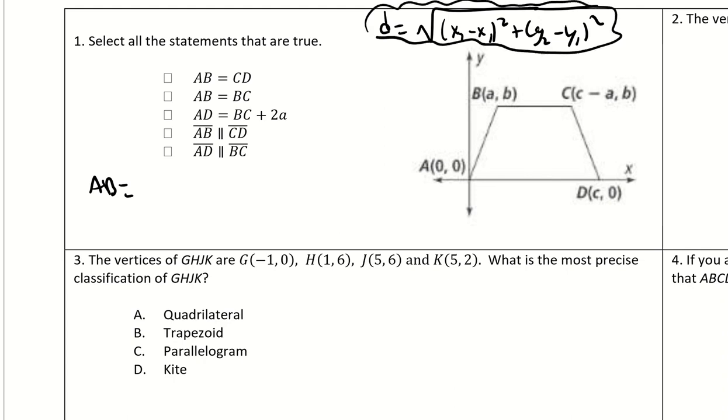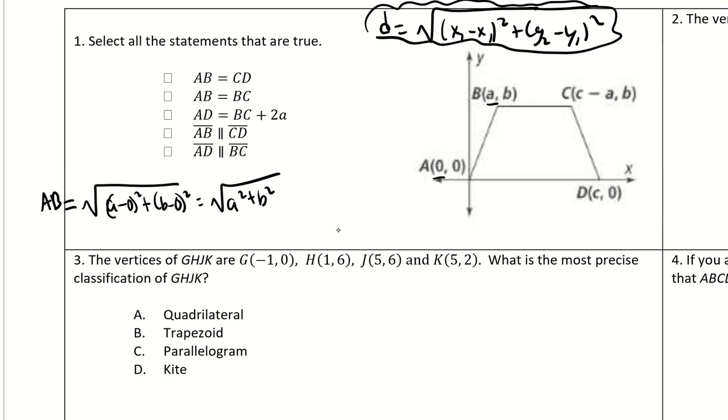So to get AB, we have to take the square root of and subtract the x coordinates, subtract the y coordinates. So we got a minus 0 squared plus b minus 0 squared. So that's square root of a squared plus b squared.